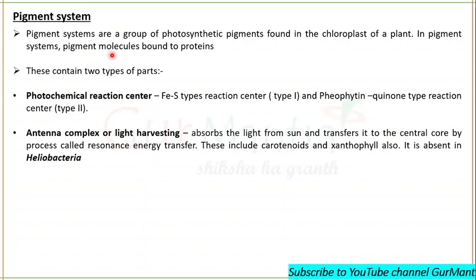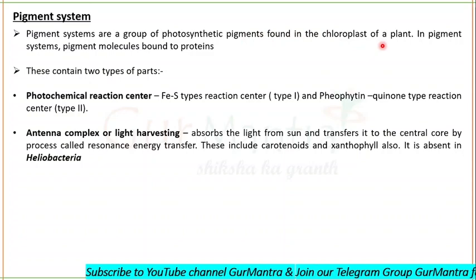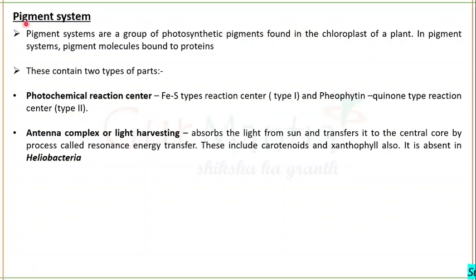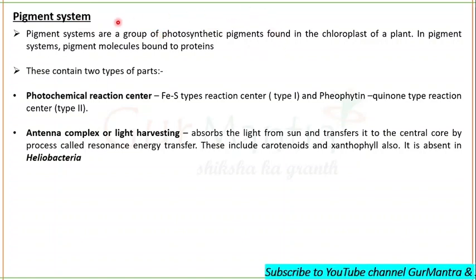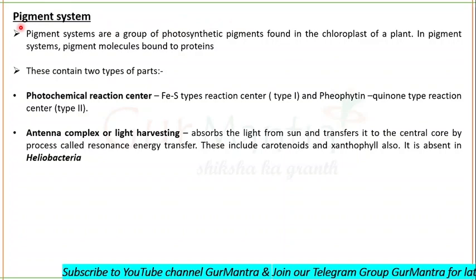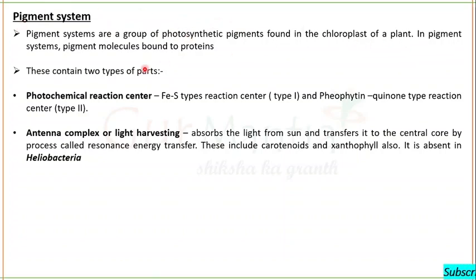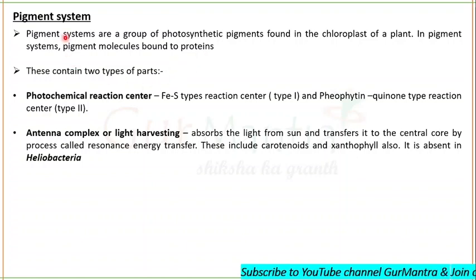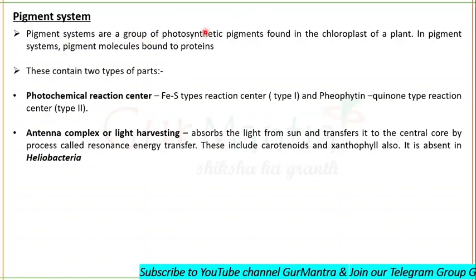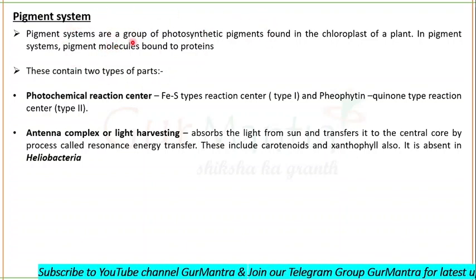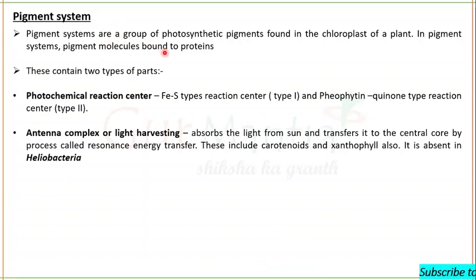So, pigment system. Pigment systems are groups of photosynthetic pigments found in the chloroplast of a plant. So what is a pigment system? A group of photosynthetic pigments is called a pigment system. In a pigment system, pigment molecules are bound to proteins. Remember that photosynthetic pigments form a pigment system and pigment molecules are bound to protein. In a pigment system, we will see two main parts.